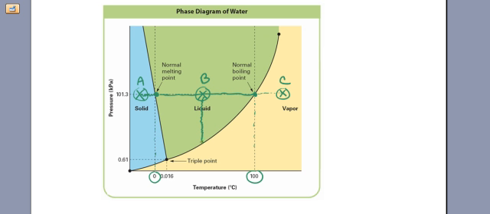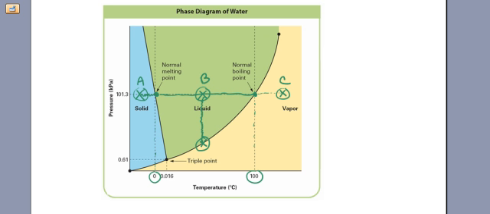Eventually you're going to cross that phase boundary again, and the water is going to start to boil. Believe it or not, water can boil at temperatures that are less than 100 degrees Celsius. In fact, you can get water to boil at 50 degrees Celsius if the pressure is low enough. Notice you're getting to pretty low pressures, but the water will in fact boil.